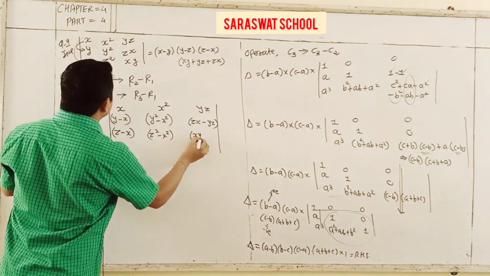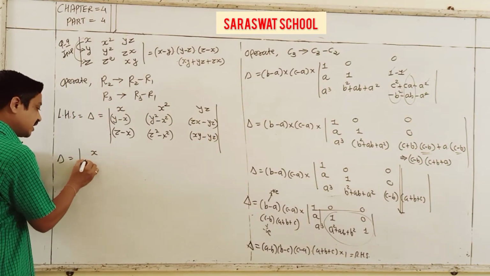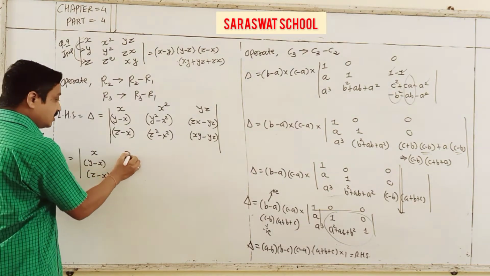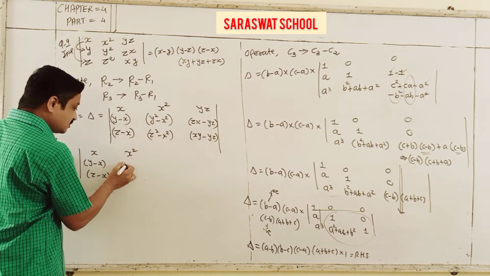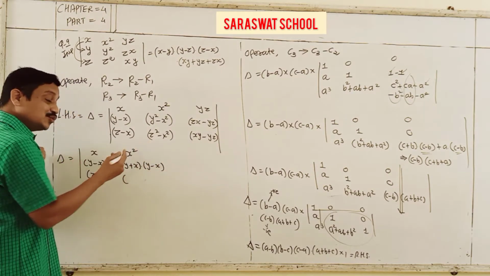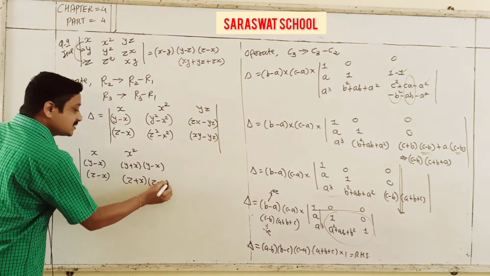And xy minus yz. You know the simple properties: y square minus x square has the two factors y plus x and y minus x. Here also two factors, z plus x and z minus x.